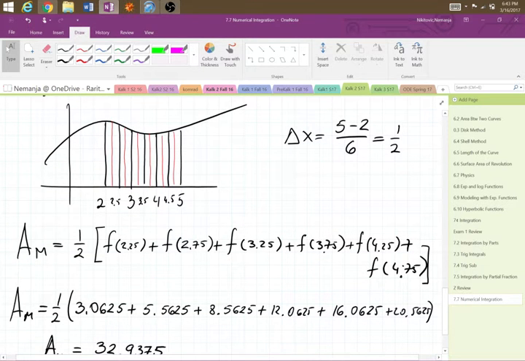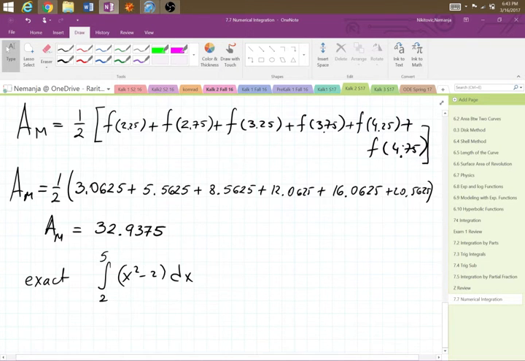That's what I said, please pay attention. Oh, I didn't do minus 2. No, I did minus 2. I did it. That's x cubed over 3 minus 2x computed from 2 to 5.